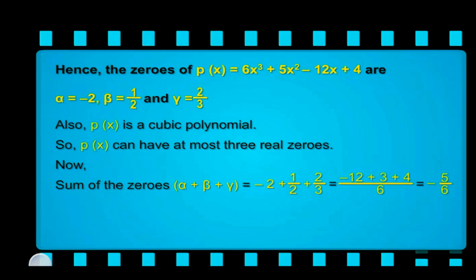Now, the sum of the zeros alpha plus beta plus gamma is equal to minus 2 plus 1 upon 2 plus 2 upon 3, which is equal to minus 12 plus 3 plus 4 upon 6, which is equal to minus 5 upon 6, which is the same as minus coefficient of x squared upon coefficient of x cubed.